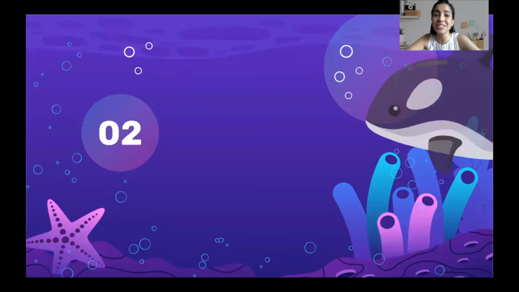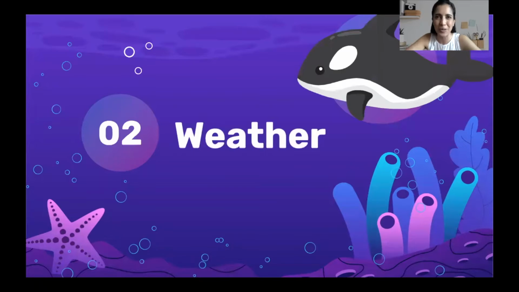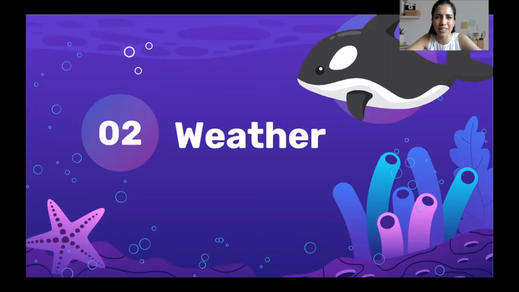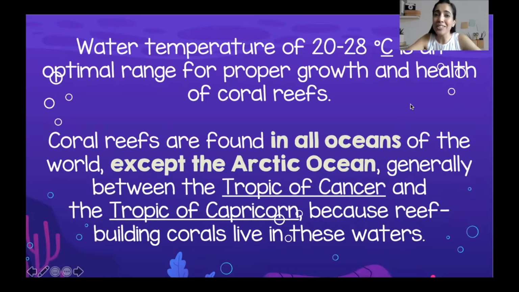Now we're going to talk about the weather in the coral reefs. Are you ready? So, what do you think the weather is like? Is the water hot or is the water cold? What do you think it should be? Well, the water temperature of 20 to 28 degrees is the optimal range for proper growth and health of the coral reefs.